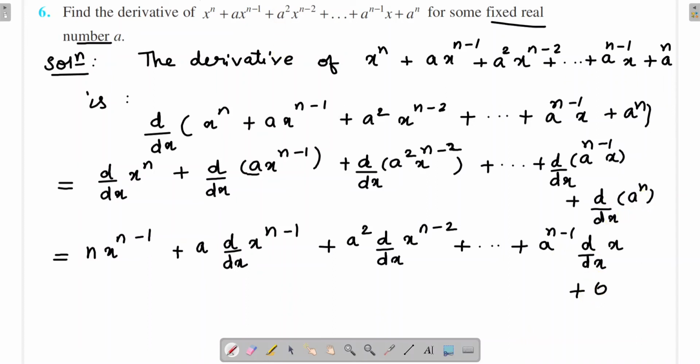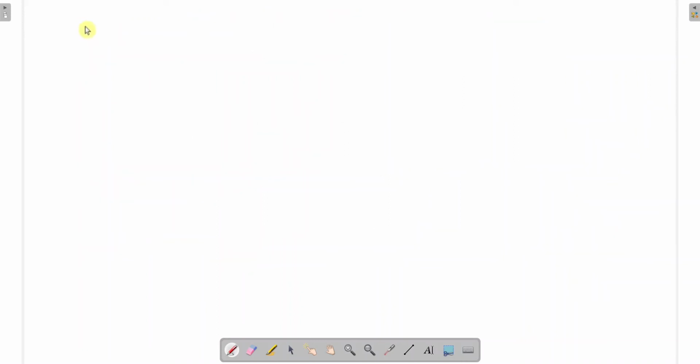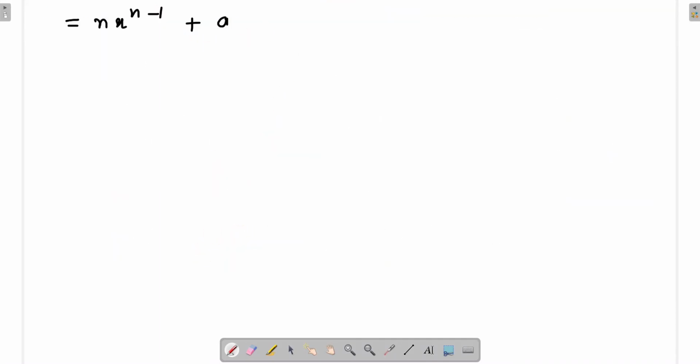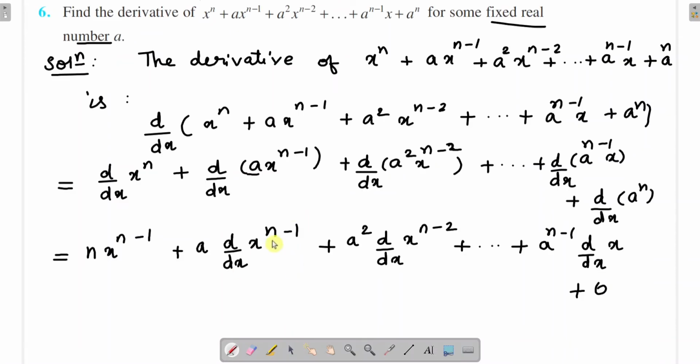Okay, so this will be equal to n times x raised to n minus 1 plus you have a times derivative of x raised to n minus 1 will be what? See, you know the formula for derivative of x raised to n, that is nothing but n times x raised to n minus 1, where n is any positive integer.